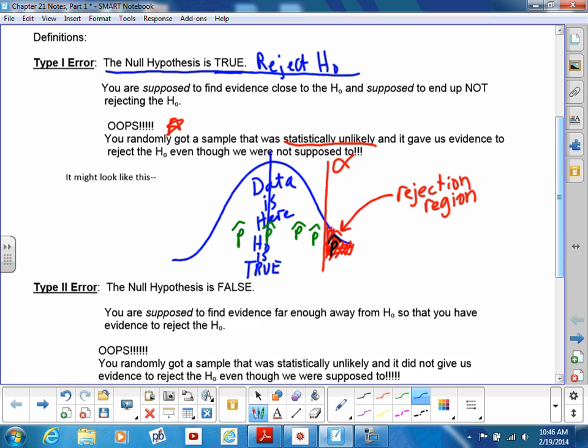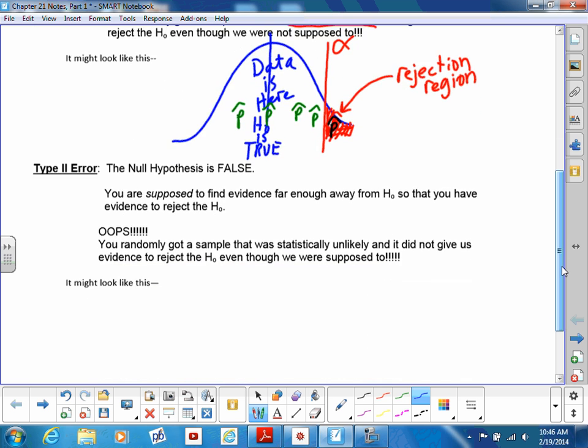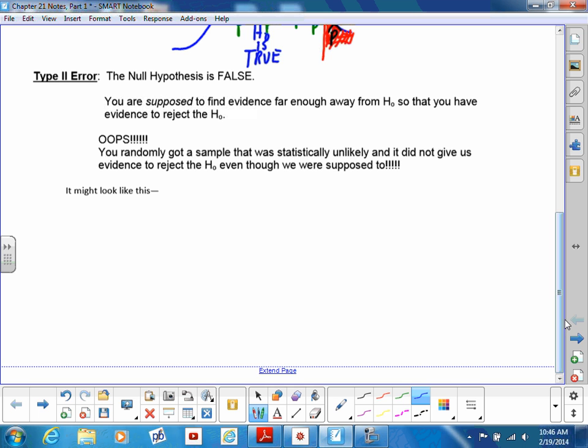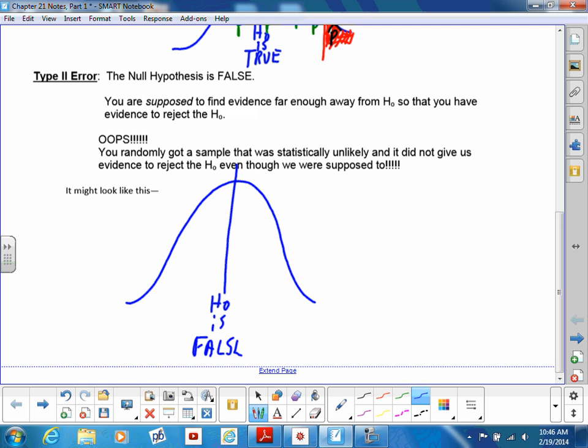So let's now compare that to when the null hypothesis is false. Okay, so here's what it will look like if the null hypothesis is false. Here's your null hypothesis. It is false. Well, guess what? Since it is false, your data is not in here, because the null hypothesis is false.